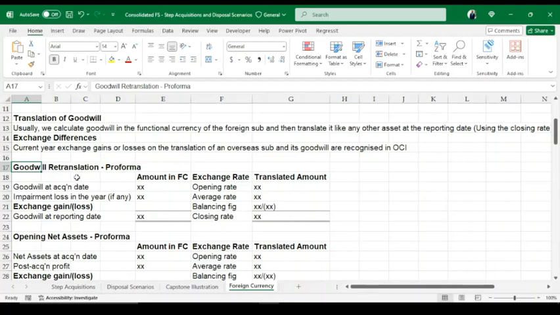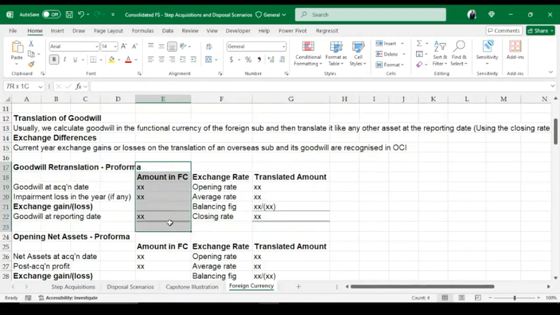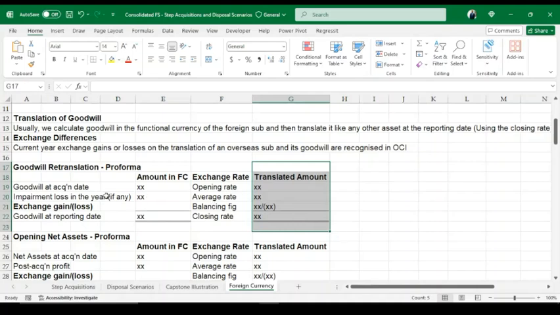So this is a pro forma for us to understand what we do when we are retranslating goodwill. The first column here is the amount in the functional currency, and this is the translated amount. At the end of the period, we are going to retranslate goodwill.